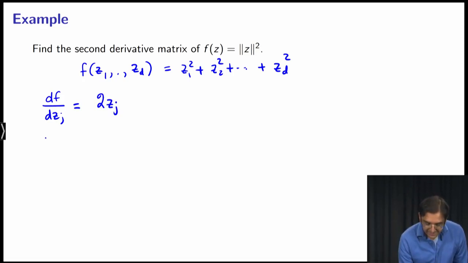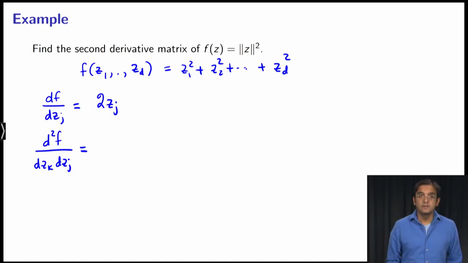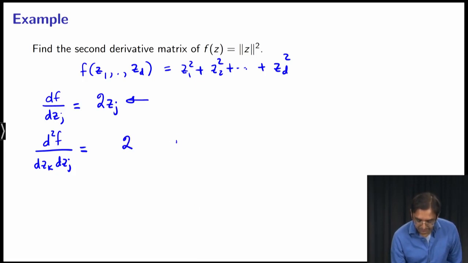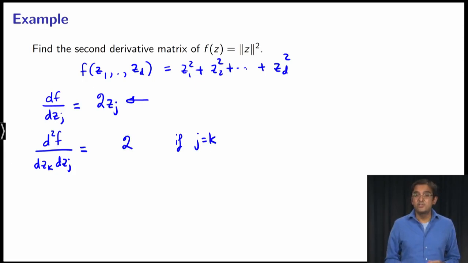Now let's compute the second derivative with respect to zk and then zj. We take this expression and compute its derivative with respect to zk. What if k equals j? Then the derivative is 2. And if j is not equal to k, then the derivative is 0.